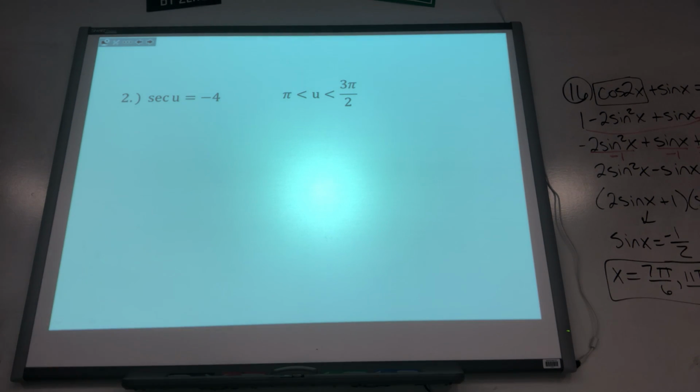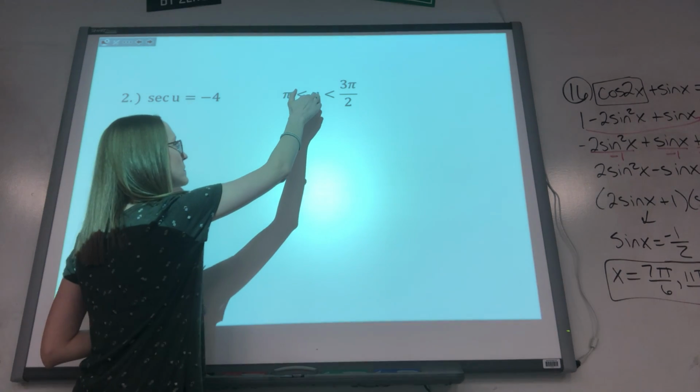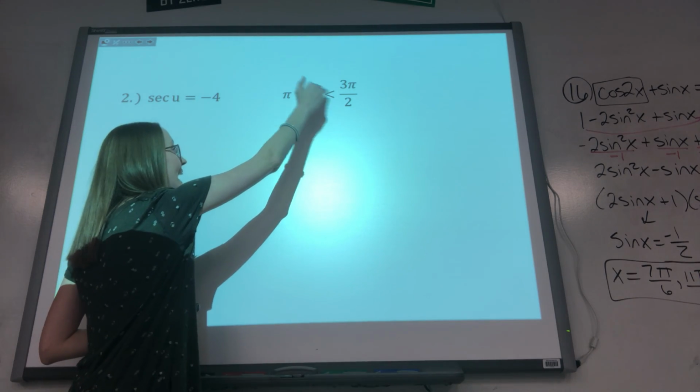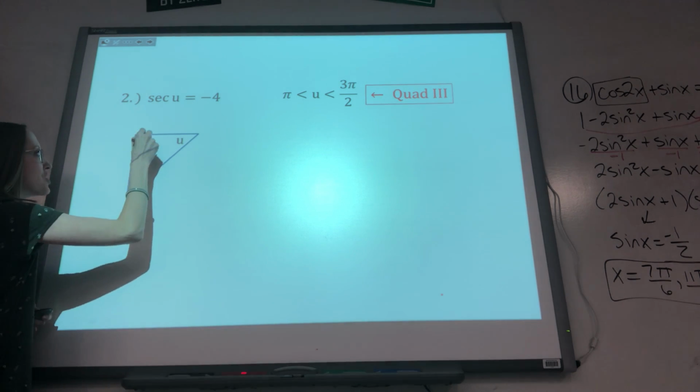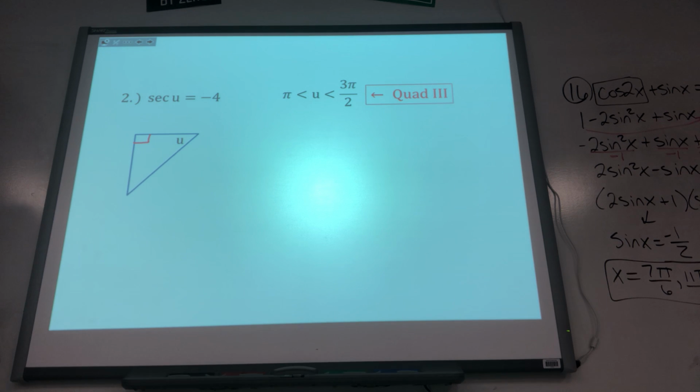Now, if you have a handy-dandy in front of you, I need your help. If u is between pi and 3 pi over 2, what quadrant should we be in? Yes, quadrant 3. So let us sketch a triangle like we're in quadrant 3.